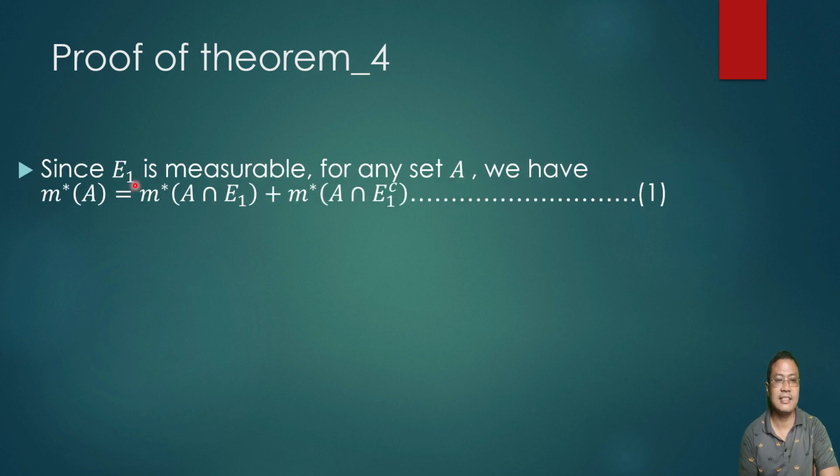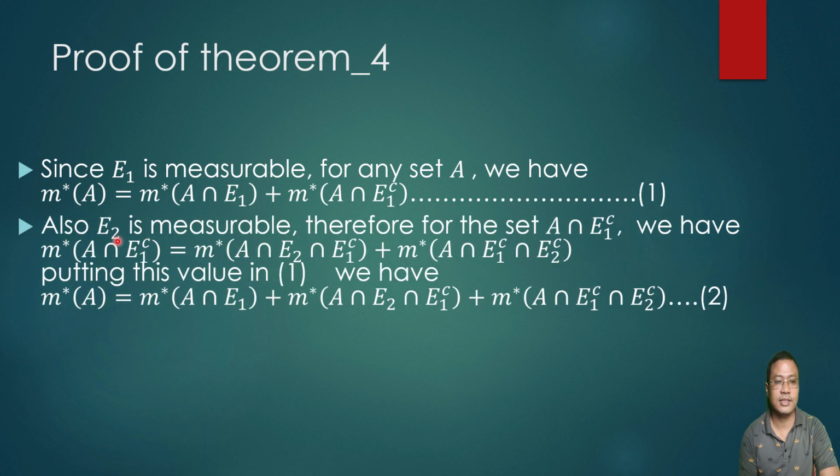Since E1 is measurable, for any set A we have this equality: M star A is equal to M star A intersection E1 plus M star A intersection E1 complement. Let it be equation number 1. Also E2 is measurable. Since E2 is measurable, for any set A this equality also holds for E2.